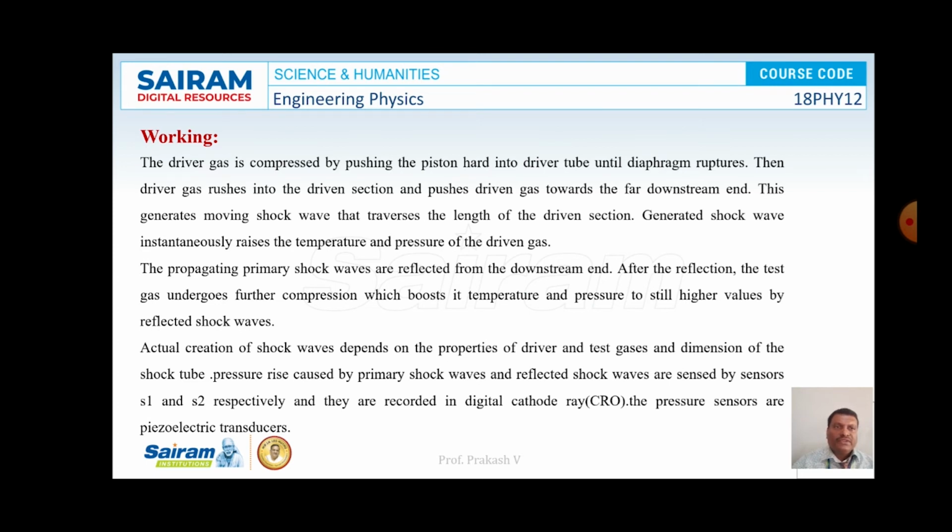The velocity of the shock waves and the Mach number are calculated by sending the signals to a CRO, and hence we can calculate the rise in temperature and rise in pressure, and the corresponding Mach number is evaluated. So these are all the things that we can calculate by making use of the Reddy shock tube.